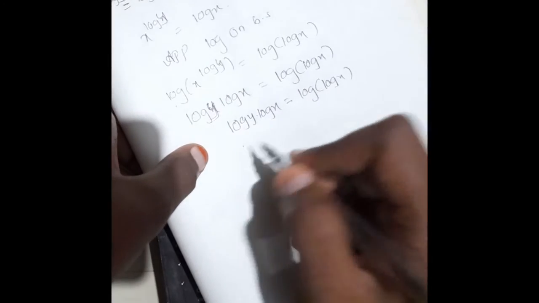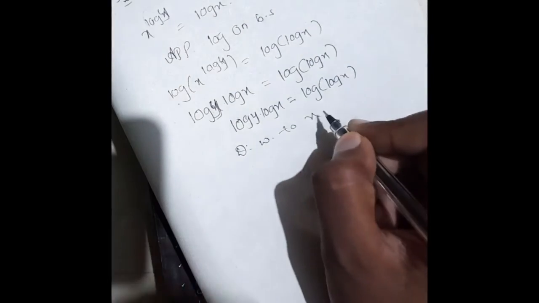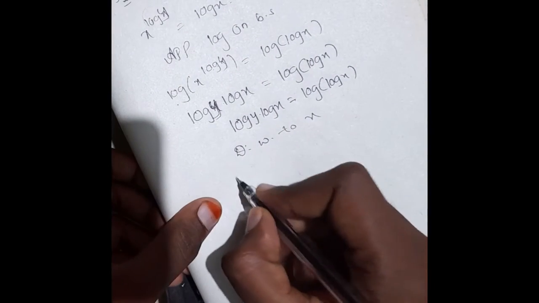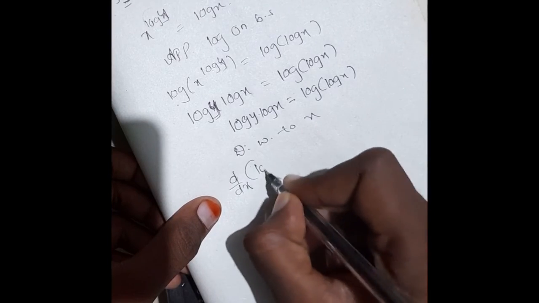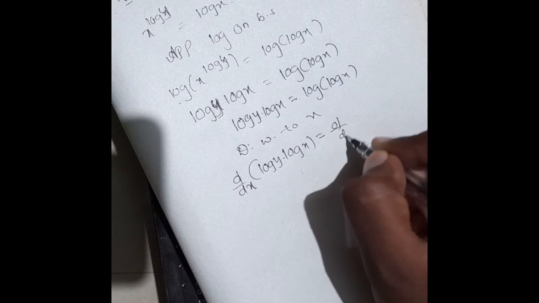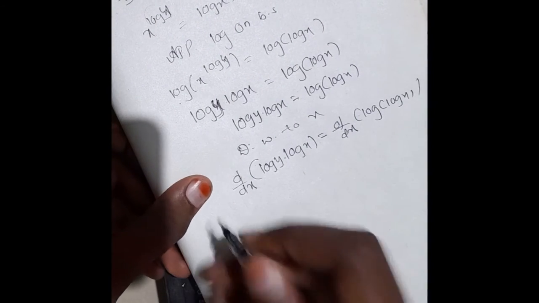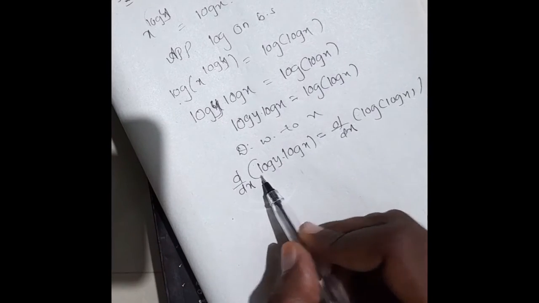Differentiating it with respect to x, d by dx of log y into log x, equals d by dx of log x. Fine. Now this is the same as d by dx of uv.